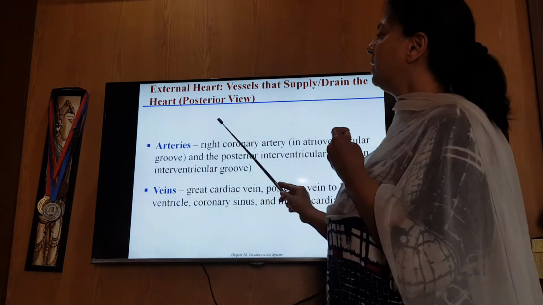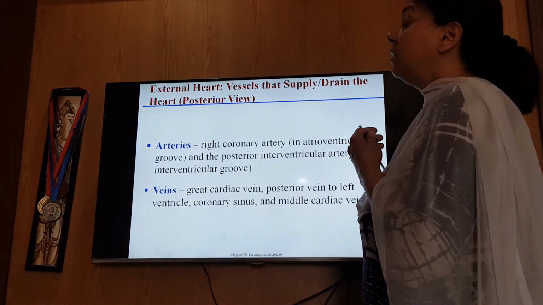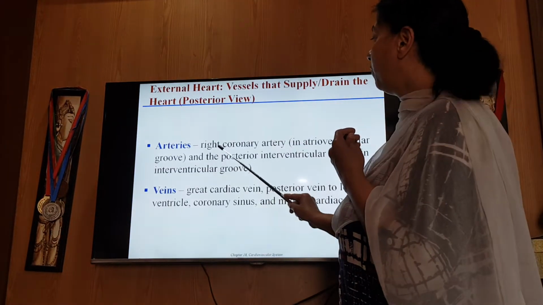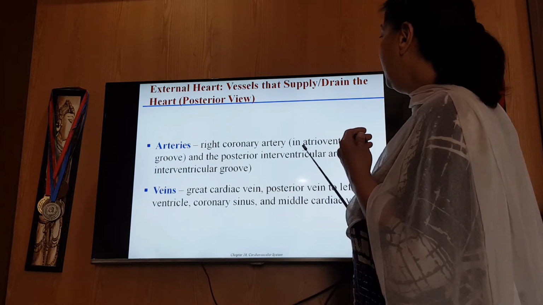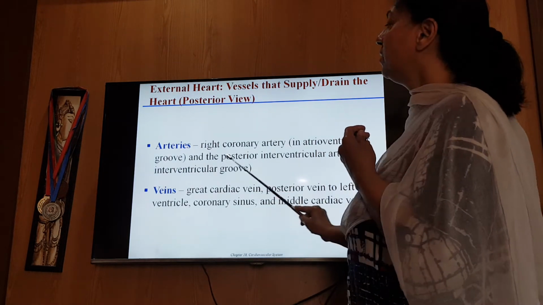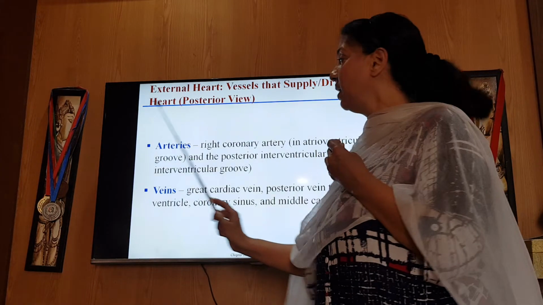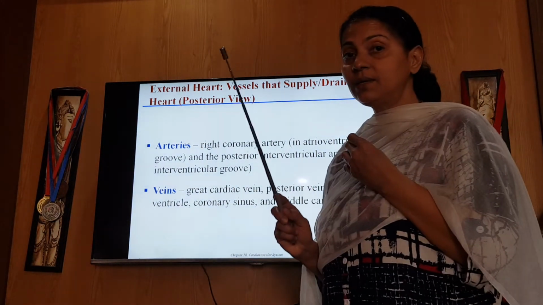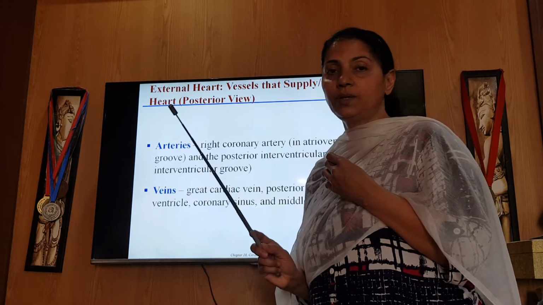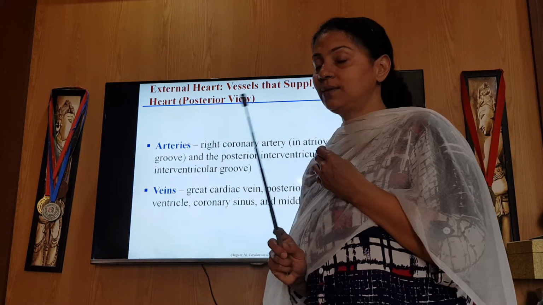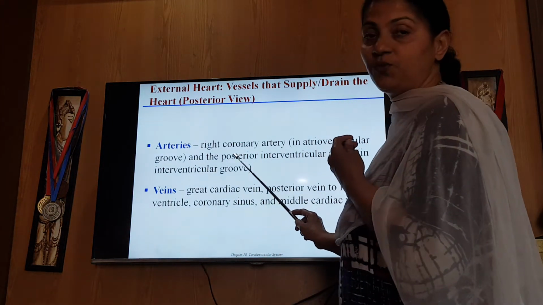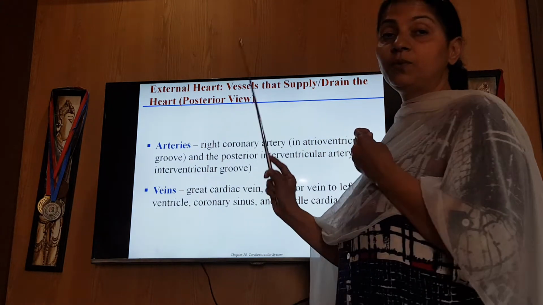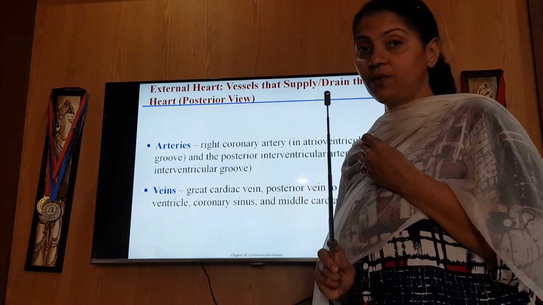So what are the cardiac arteries and veins that we are going to see? First of all, in the atrioventricular groove on the right side, we will see the right coronary artery, but we will not see the left coronary artery. It was very small in size, but its branch will be there. Its branch was circumflex artery.